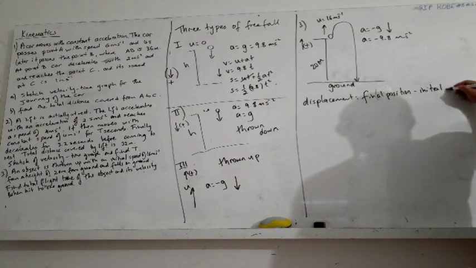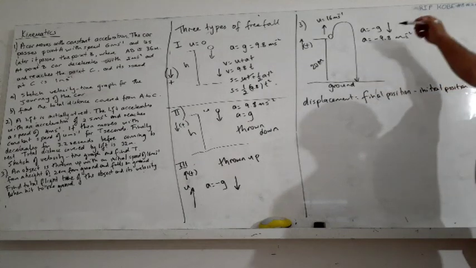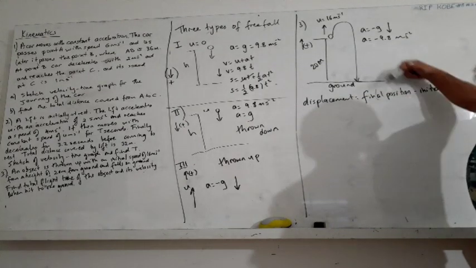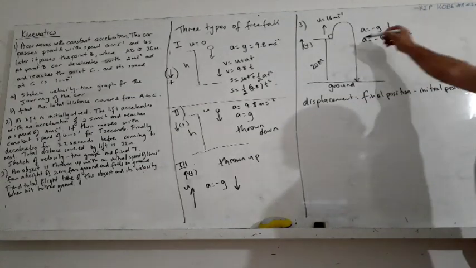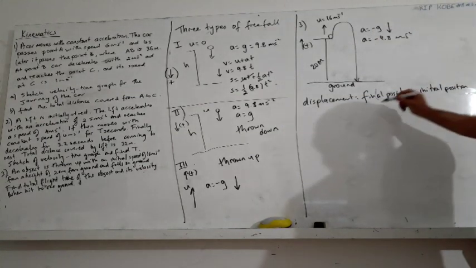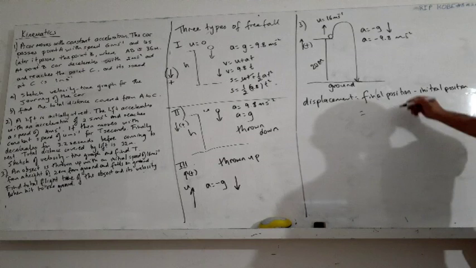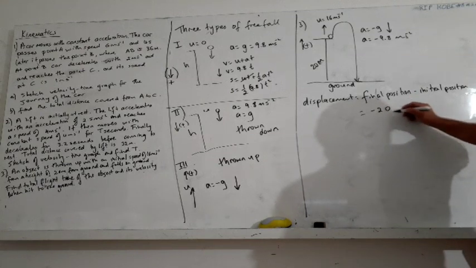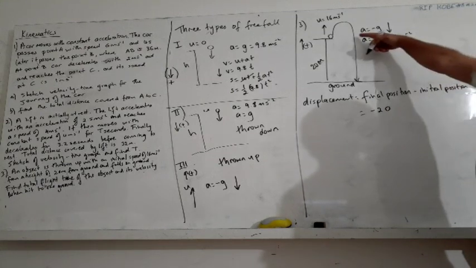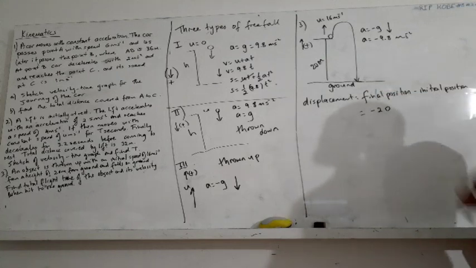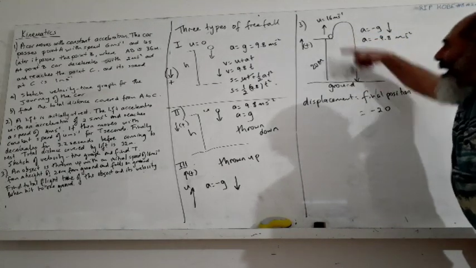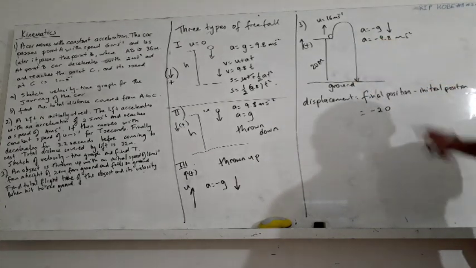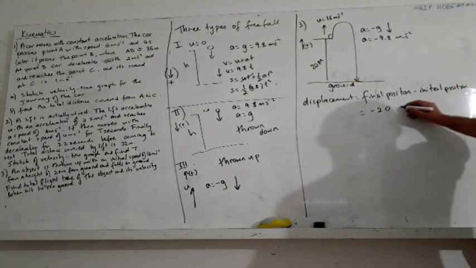So, if this is our reference point, final position will be minus 20 from the initial position. The object falls down from 0, from the origin. So displacement will be minus 20 meters.